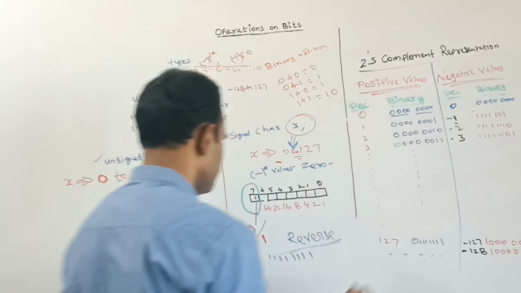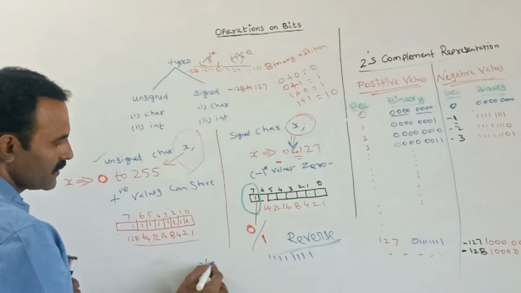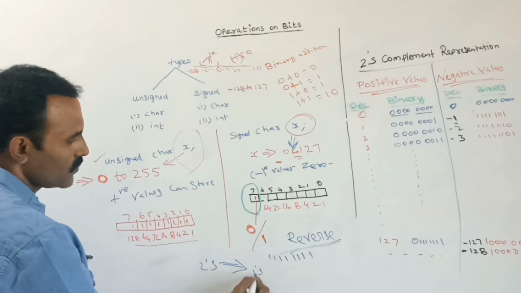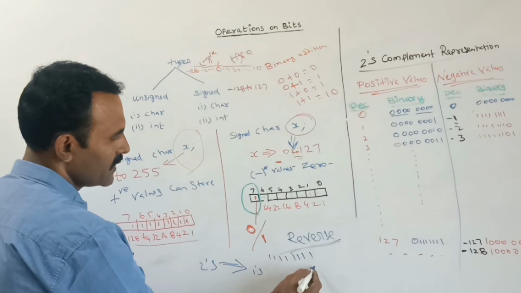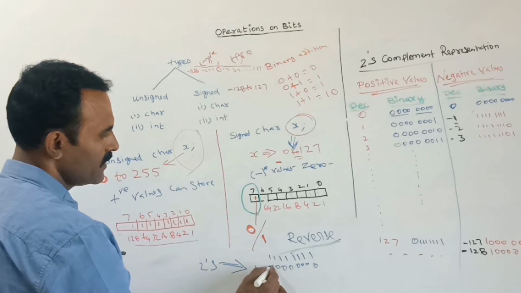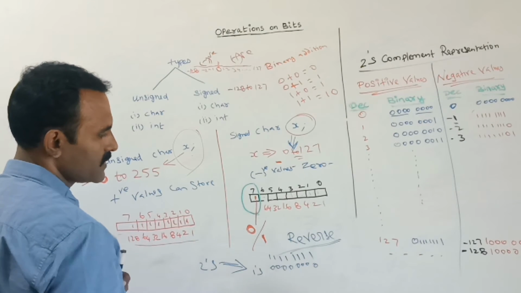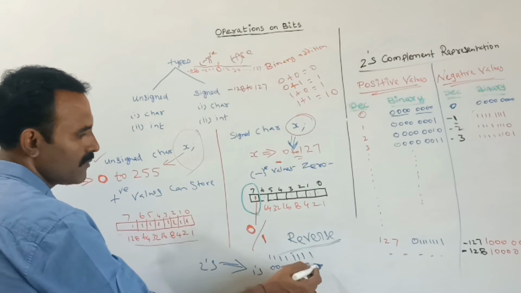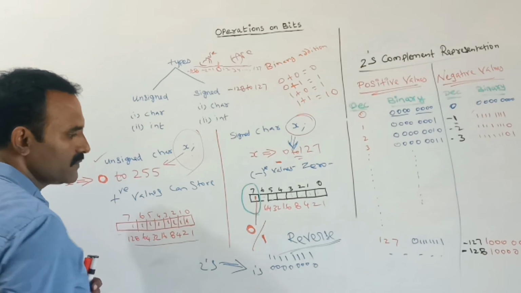See, take the 2's complement. For the 2's complement, very first you should use the 1's complement, that is inversion. Invert means every bit value gets the opposite: if it is 1 you put it as 0. So here every bit value is 1, and if I take the 1's complement, every bit value will become 0.